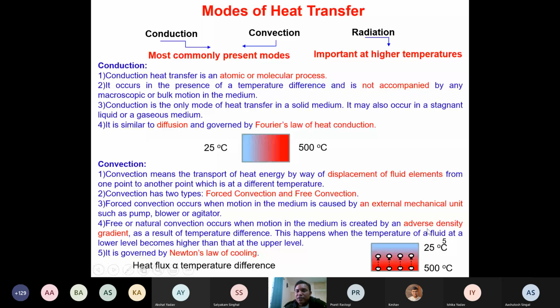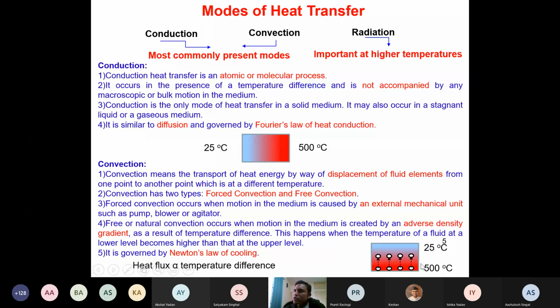So this happens when the temperature of the fluid at a lower level becomes higher than that in the upper level. You can clearly see in this particular figure, if we heat the liquid present in the bottom by an external heater, the temperature near the bottom will be higher than the temperature at the top, and because of that the density of the liquid at the bottom is going to become lower than the density of the liquid at the top, and the fluid element from the bottom will move from bottom to the top.